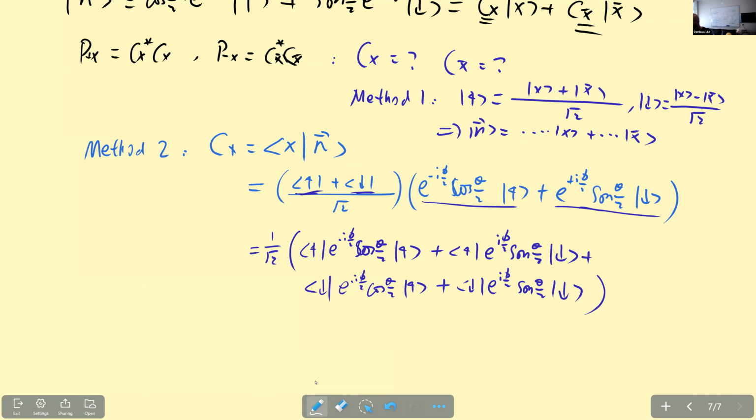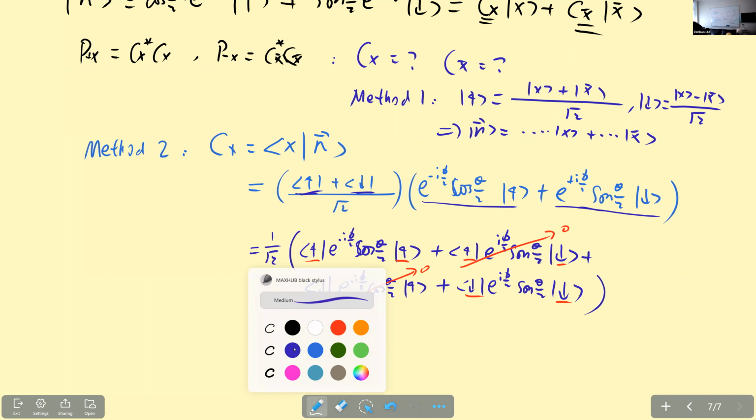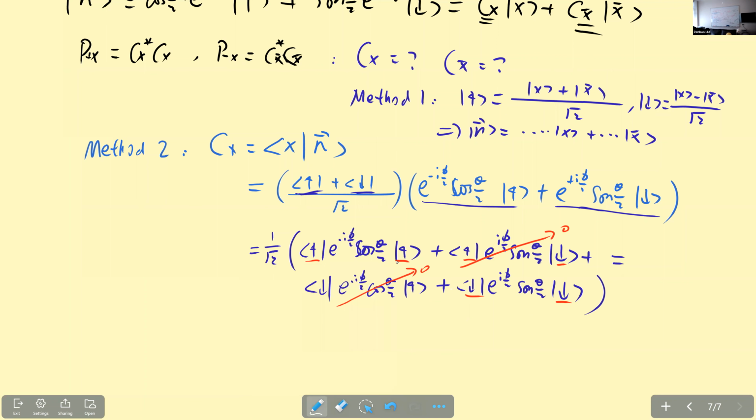And let me check this one. So this is up and up, so that will give us 1, right? And this one is up, this is down. The two states are orthogonal, so this gives us 0. And this is down and up, so that gives us 0. And this one just gives us 1, right? So the result after doing this one is just the summation of the two terms.